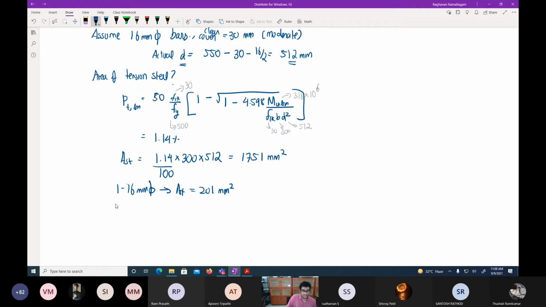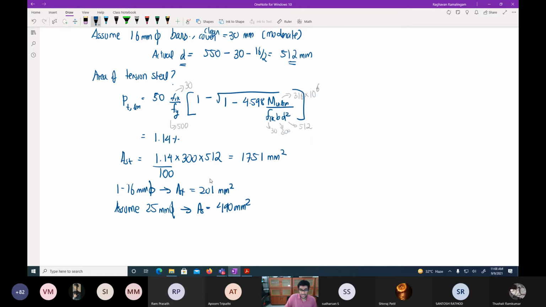So rather, I'll just assume instead of 16, maybe 25 mm, which gives one Ast is 490 mm square.